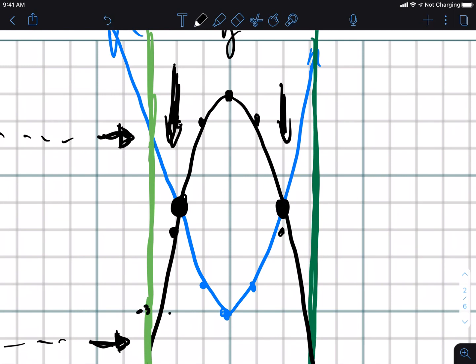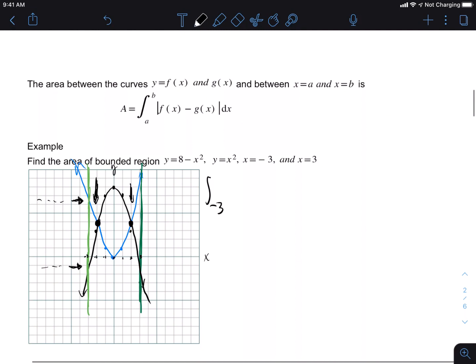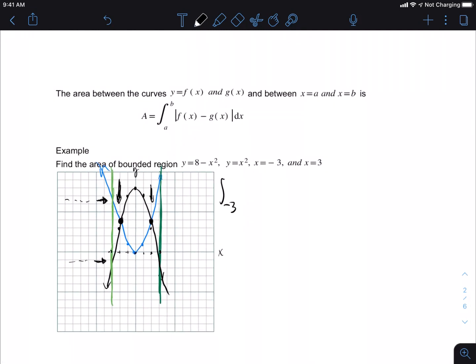That's -3, that's -2, that's -1, that's 0, 1, 2. And so -2 and 2? So this first bound that we're doing is going to go from -3 to -2, right? Because the slice that we're doing here has to be in terms of what? X. It has to be in terms of x.